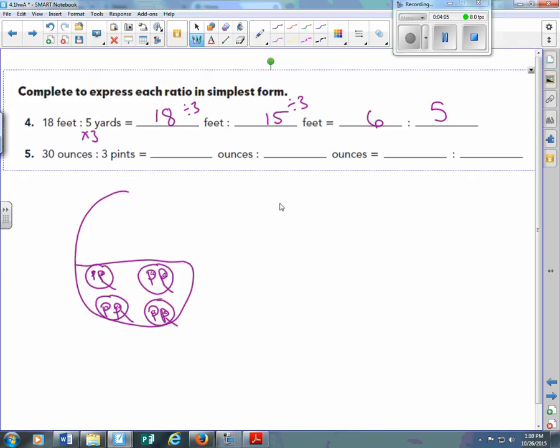Now, we do know that 1 cup equals 8 ounces. And we know that there are 2 cups in each pint, so that must be there are 16 ounces in every pint.